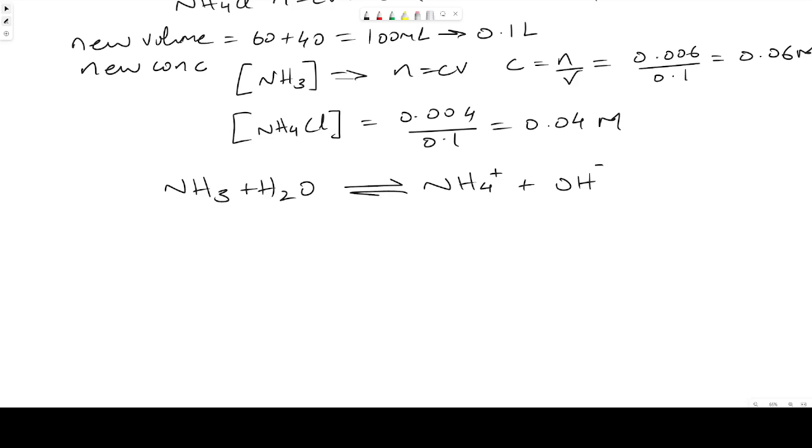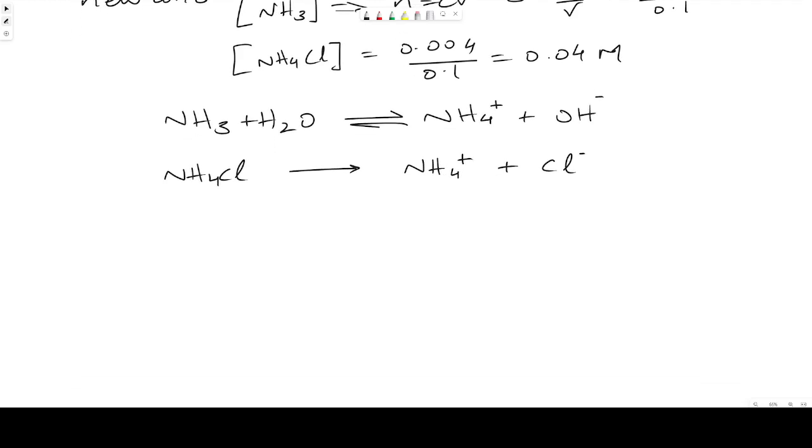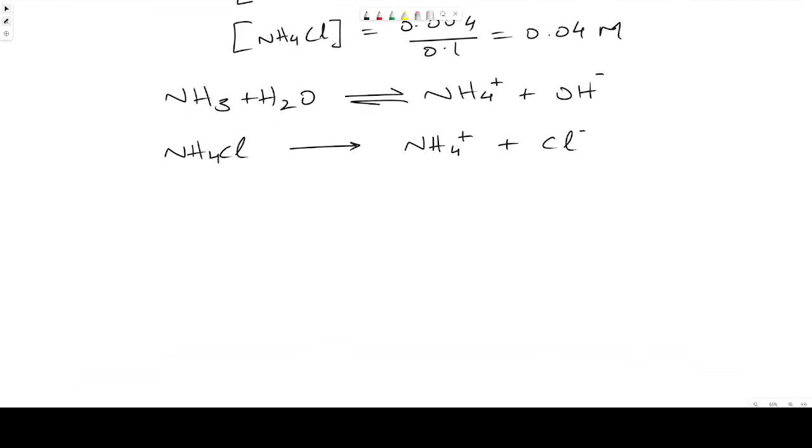That's one equation, and the other equation is that NH4Cl is going to dissociate and give us NH4+ ions and chloride ions in water. To make the ICE table, I'm just going to use the main equation, the ammonia equation, because NH4+ comes mostly from my ammonium chloride. It is not coming from NH3.